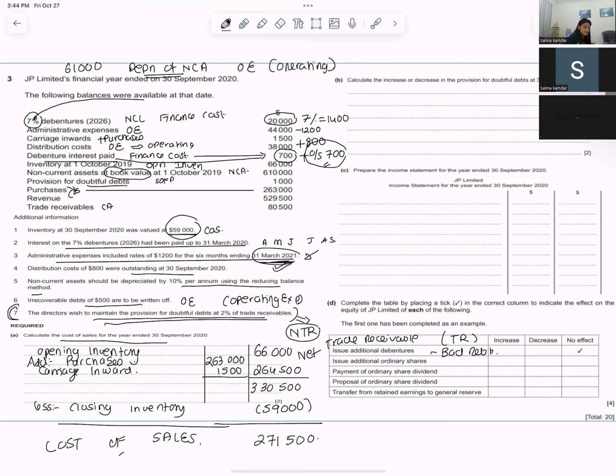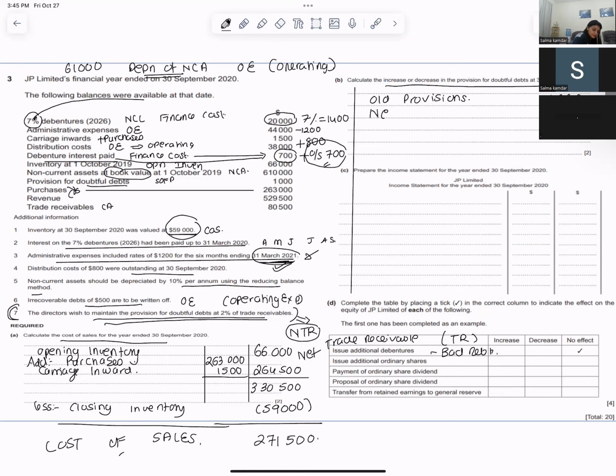Done. Now they want the increase or decrease in provisions. What is your old provision? The one given in the trial balance is your old provision, 1,000.